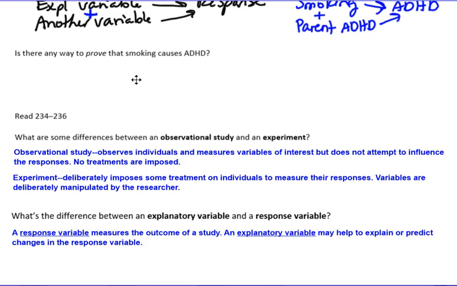As a matter of fact, the tobacco companies successfully argued in court that there really was no way to prove it. You could potentially say that the association between smoking cigarettes and getting lung cancer was that people who had a genetic predisposition to develop lung cancer also craved cigarettes to soothe the irritation in their lungs, and therefore that's why they smoked.